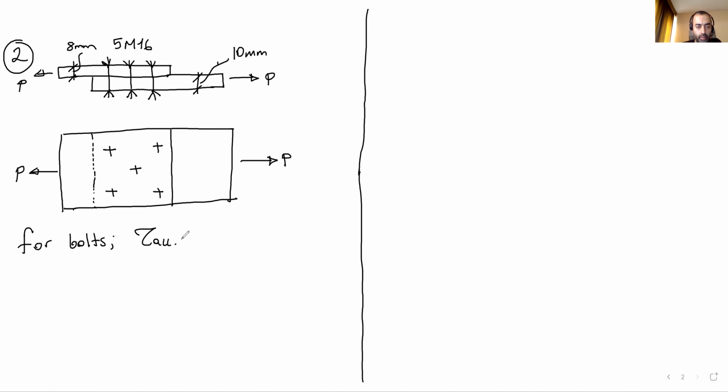Allowable equals sigma allowable for the plate, for the steel plate.